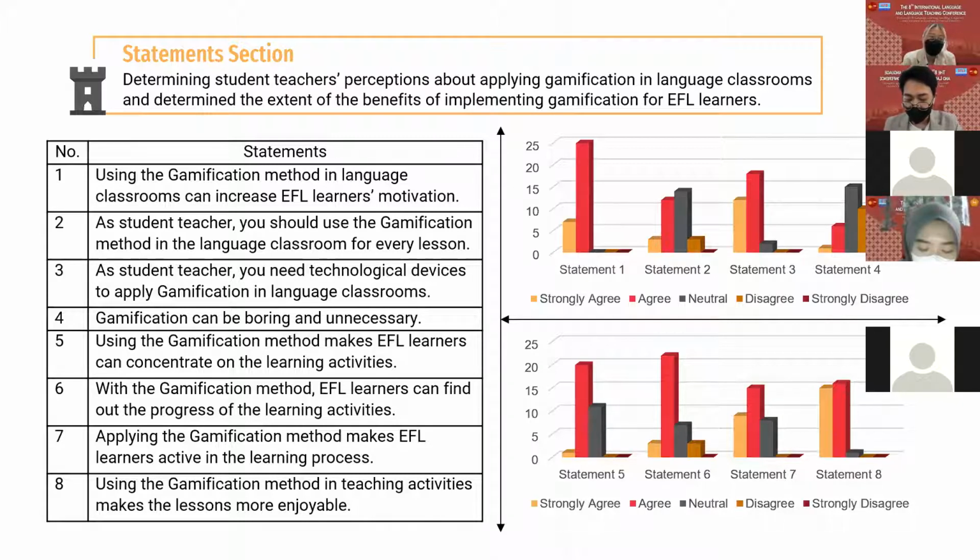It can be concluded that the student teachers believe that the gamification method used in language class can increase the motivation of EFL learners. However, in number 2, student teachers are still unsure about using this method. This is based on the need of each lesson to achieve an effective and efficient learning process.